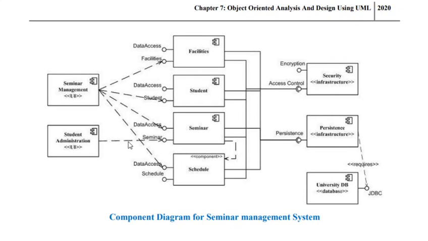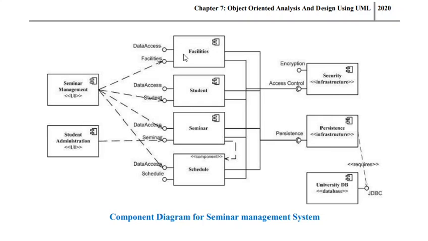Just see, this is a very simple component diagram that tries to represent the interaction between various components that are capable of realizing the seminar management system, where we have seminar management as one user interface, and student administration as the other user interface. Seminar management requires access to details of all the four other components: facilities, student, seminar, and schedule.